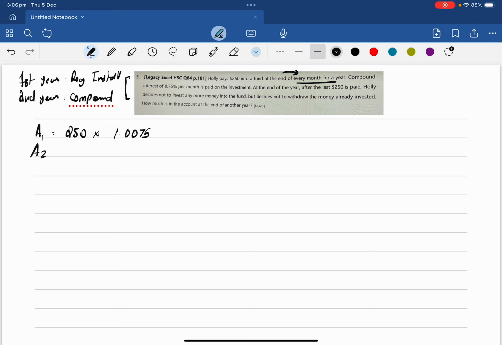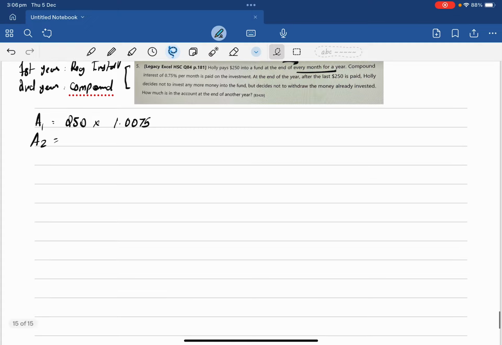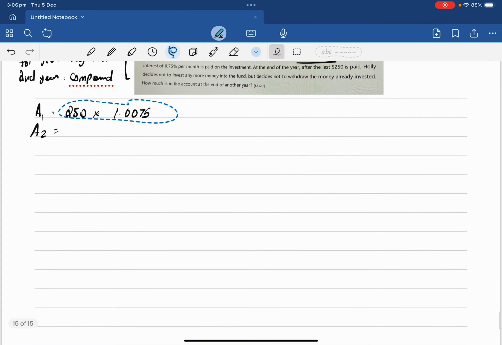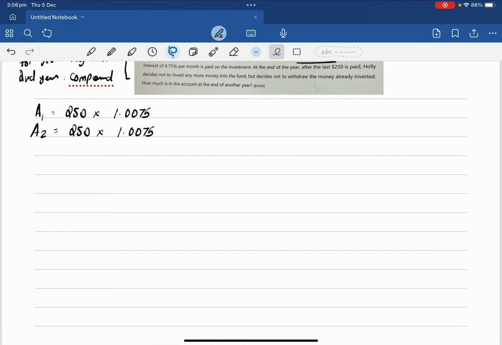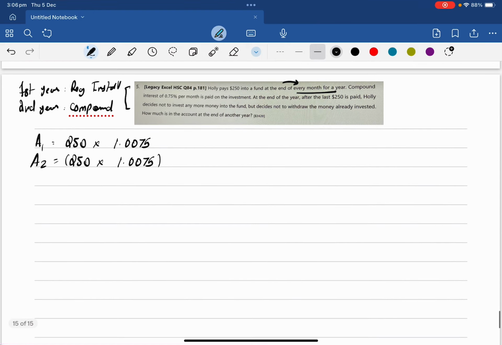Okay, and then A2, well, what's A2? At the end of the second month, we're going to continue this up until 12, because that's how many months there are. Holly pays the thing at the start, so it's going to be plus 250 times 1.0075, and I think this is the pattern that's going to continue.